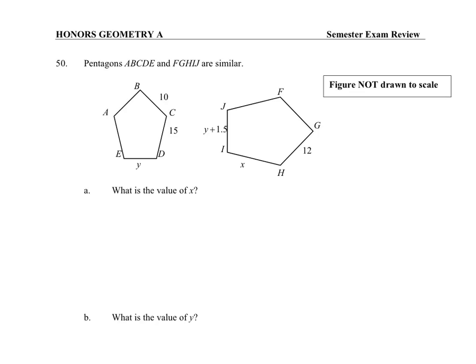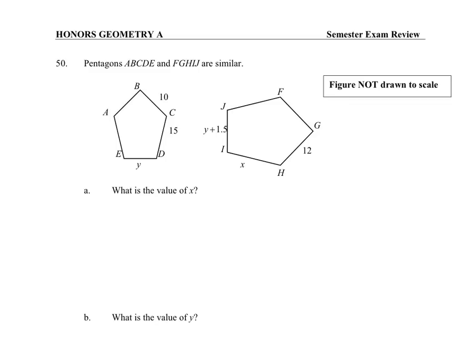Question 50. Pentagons ABCDE and FGHIJ are similar. So what is the value of x? Well, we know when we have similar figures, then the corresponding sides are proportional. We can figure out corresponding sides by using our given.